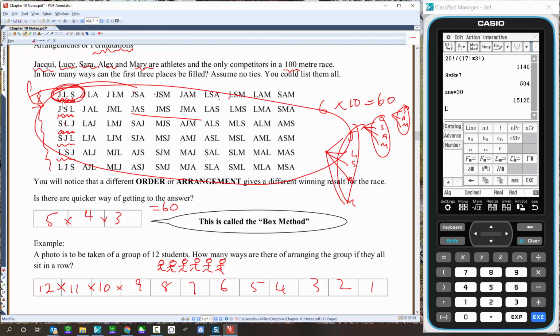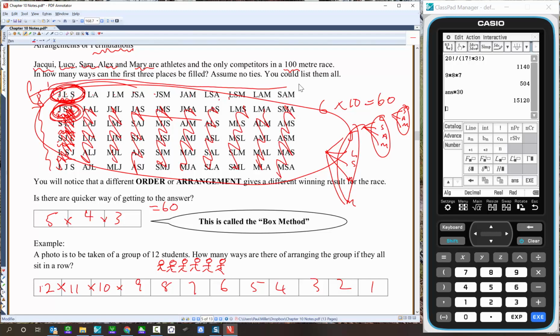So this selection here is exactly the same as this selection here. All right, JLS or JSL is no different if we're picking up rubbish. You're just picking up rubbish. So actually we can get rid of that, and that, and that. They're all the same selection.